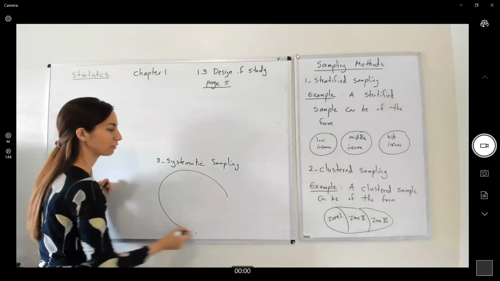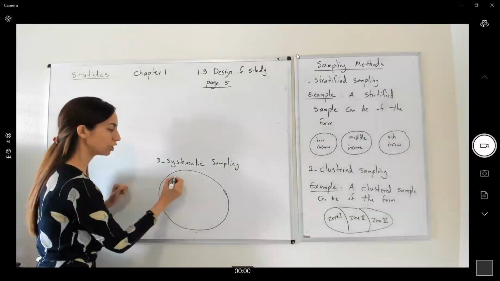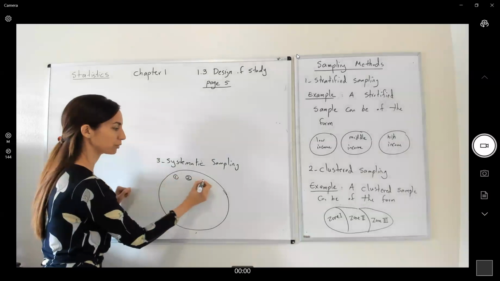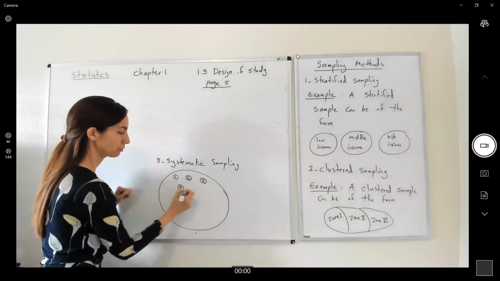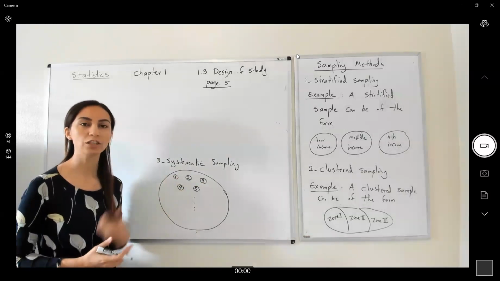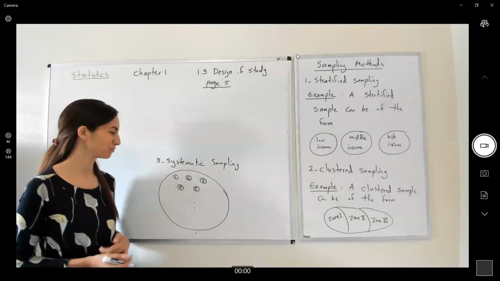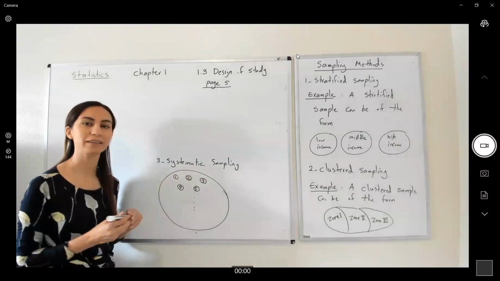So you have to have the population. You assign one number to each person in that population. Then, as a statistician, you randomly select those numbers. This is called systematic sampling.